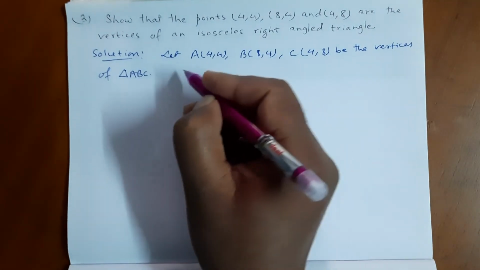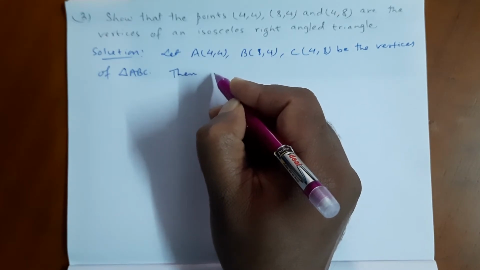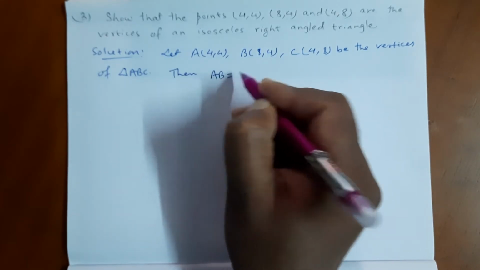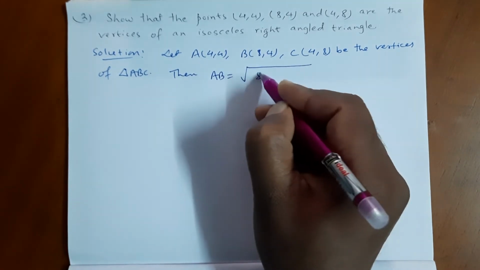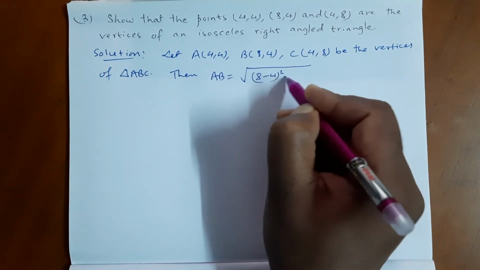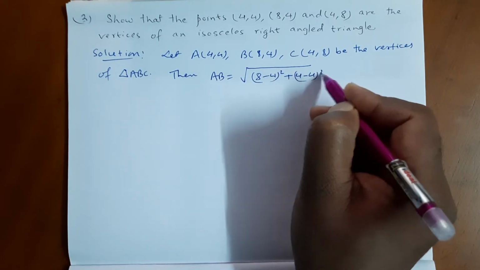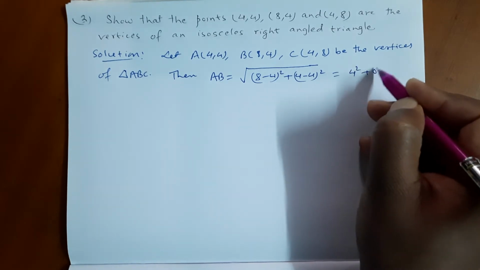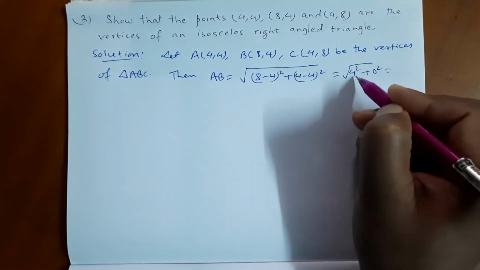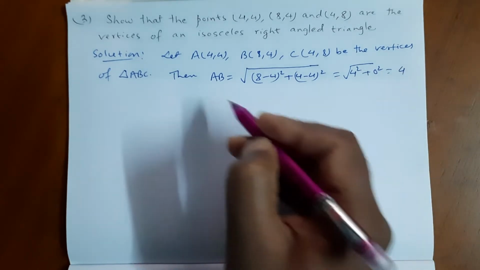Okay, then using distance formula, AB equals square root of (x2 minus x1) square, (8 minus 4) square, plus (y2 minus y1) square, (4 minus 4) square, that will be 4 square plus 0 square, square root of 4 square, that will be 4 only.